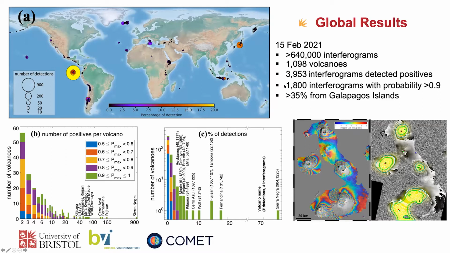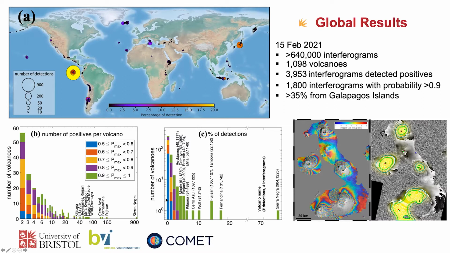Based on the roughly 4,000 interferograms, more than 35% are from the Galapagos Islands that you can see here, that are moving. Another one that we detect a lot is also Fujisan here. What I understand is that it's because they have quite a high atmosphere there.